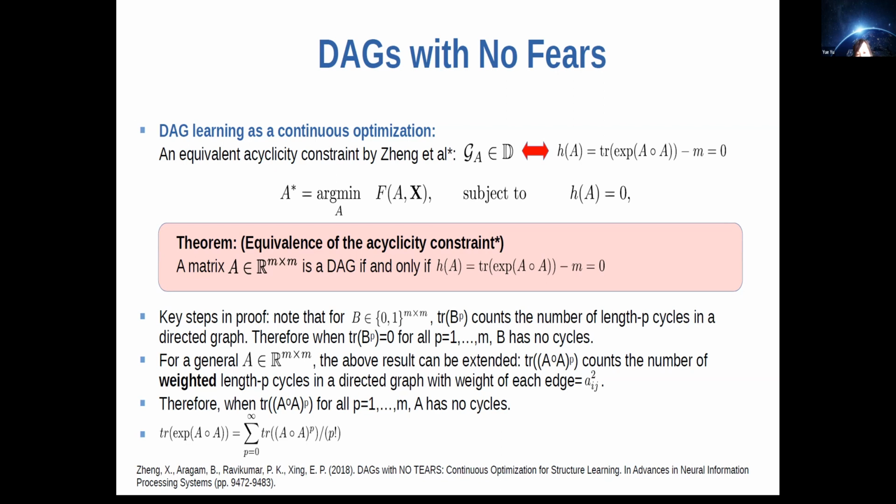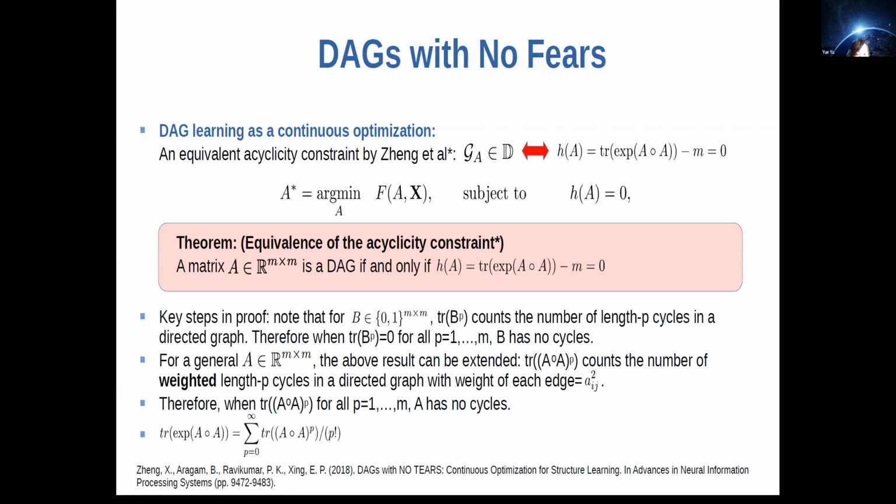Then we can apply the trace to the power of this Hadamard product, and as long as the trace of the power of this Hadamard product is 0 for all possible cycle lengths, we can still guarantee that the associated graph has no cycles.